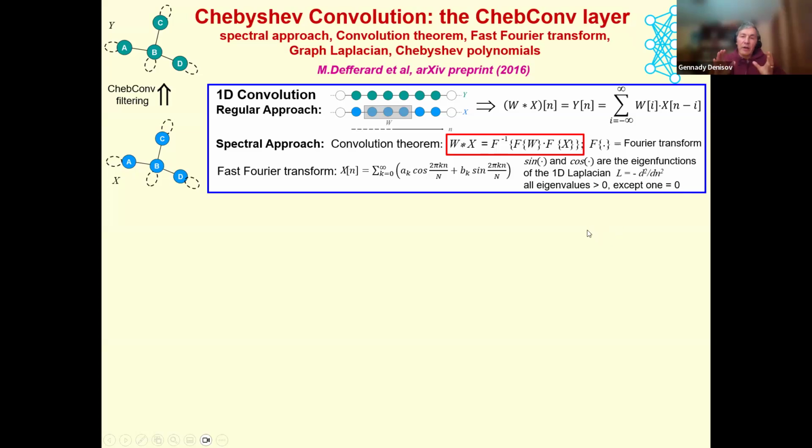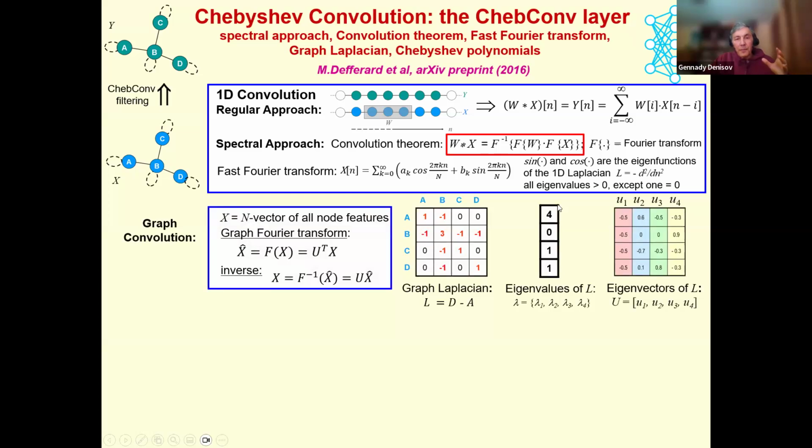So in summary, this completes my very brief outline of the idea of using the spectral approach for convolution of sequences. And now I'll illustrate how a similar spectral approach can be used for graph convolution.